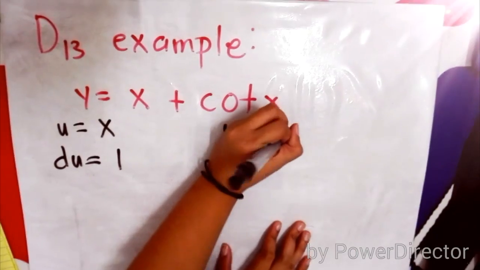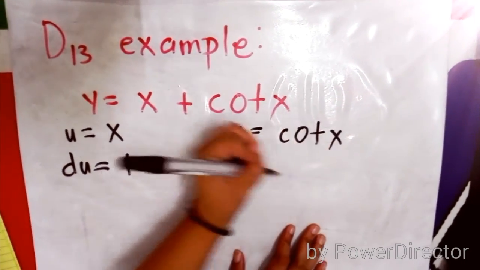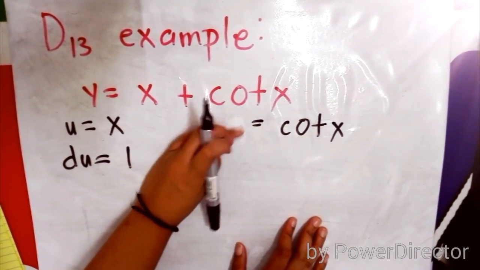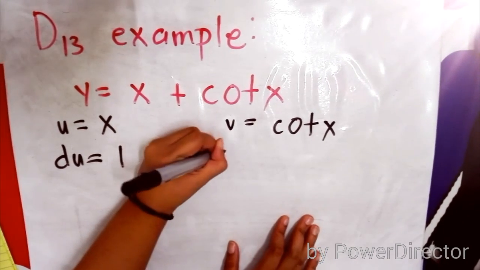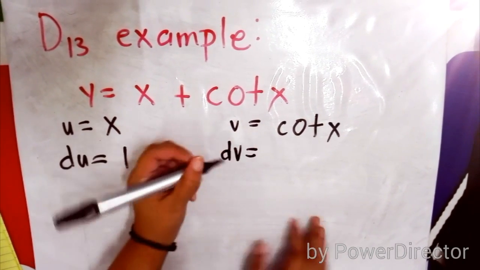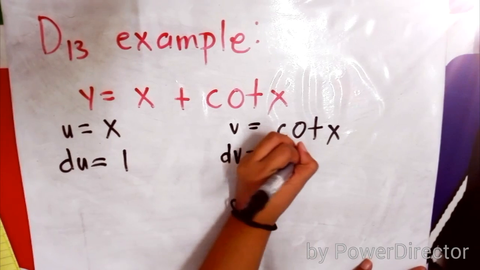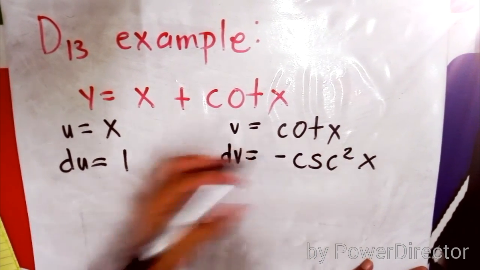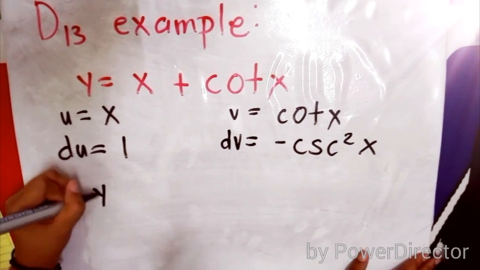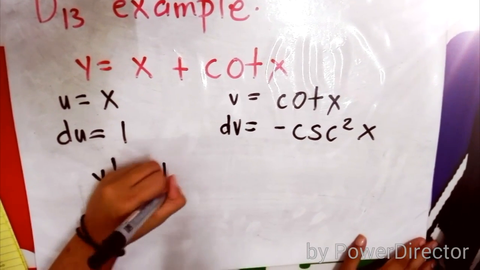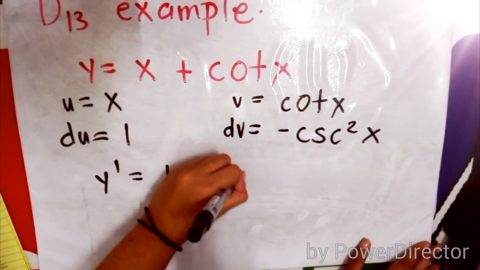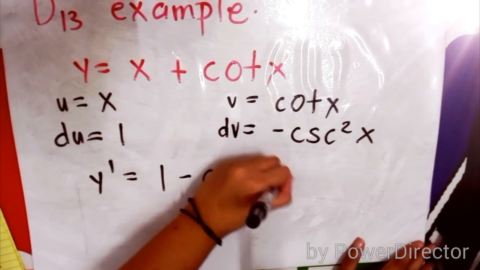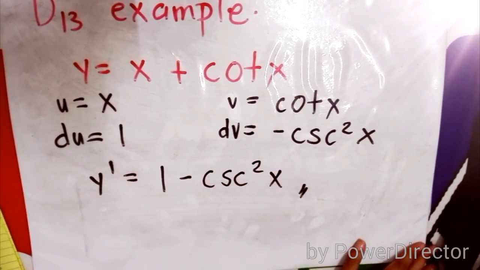V is equal to cotangent x, and the derivative of v is equal to negative cosecant squared x. So we just add du and dv, which will be equal to 1 minus cosecant squared x. And that's it.